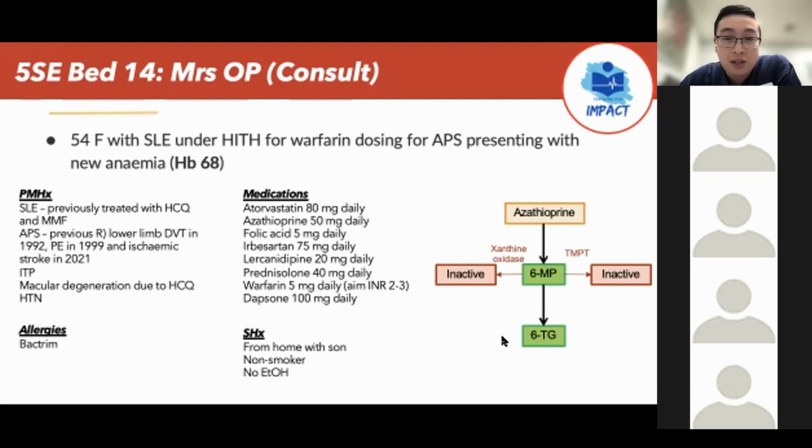And why is azathioprine toxicity so bad? What are the side effects of azathioprine? Yeah, myelosuppression. Agranulocytosis, fantastic. It's also very bad for the liver, so it causes hepatotoxicity.